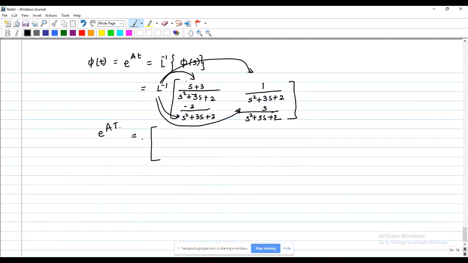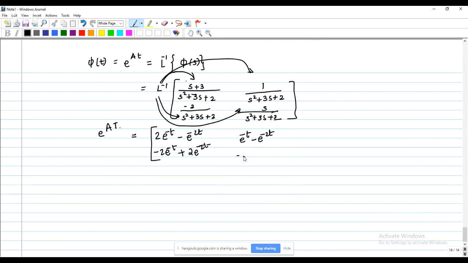The final answer is, the first entry is 2 e raised to minus t minus e raised to minus 2t. Over here it will be e raised to minus t minus e raised to minus 2t. Over here it is minus 2 e raised to minus t plus 2 e raised to minus 2t.